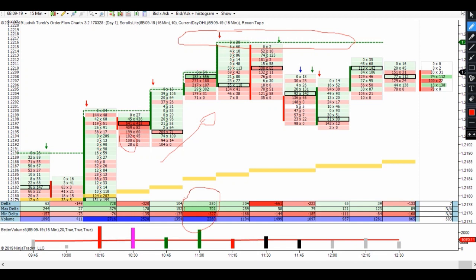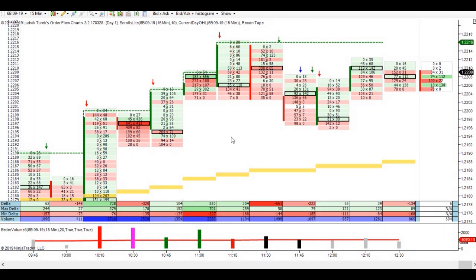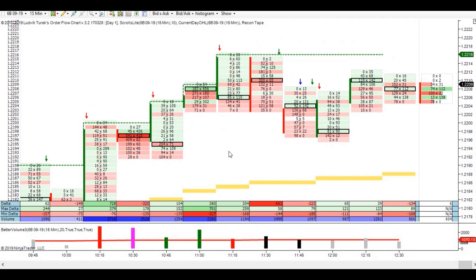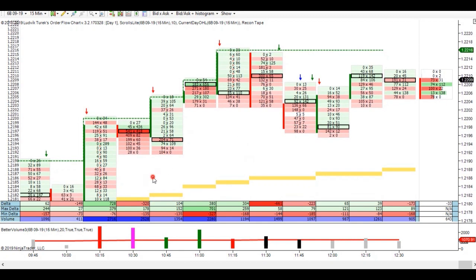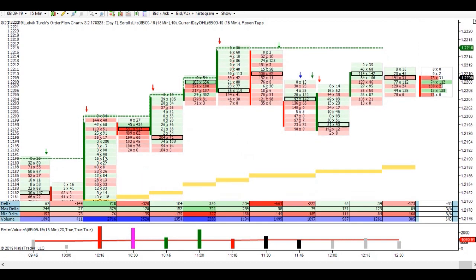So for this particular trade setup right here, that's the first thing we want to see: the decline in volume. We see that from here we had very aggressive volumes. Here we have sellers trying to sell, but in the next bar we had fewer buyers.